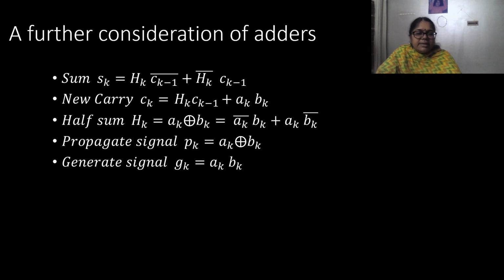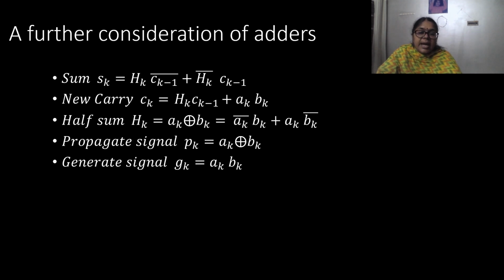Now, what is the significance of the propagate signal and the generate signal? When A is not equal to B, or in other words, A XOR B equal to 1, that is P equal to 1, in that case, the new carry or Cout will be equal to the carry input or the old carry. That is, Ck will be equal to Ck minus 1.